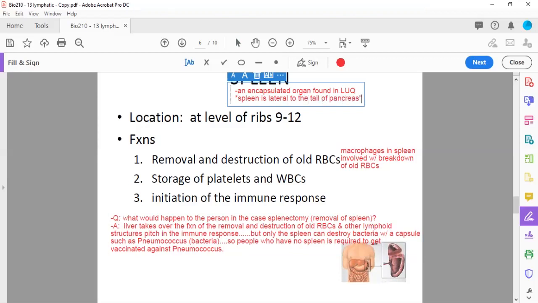This statement is to be discussed later on. Behind the stomach you have the pancreas, and the pancreas has a tail, and the tail of the pancreas is going to be medial to the spleen.